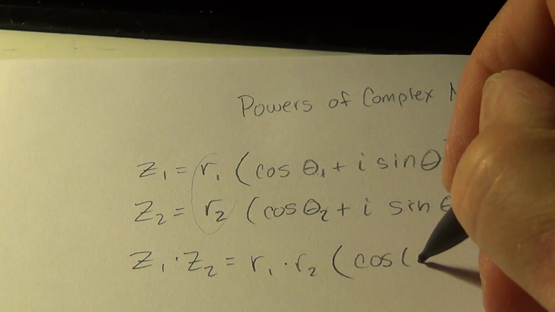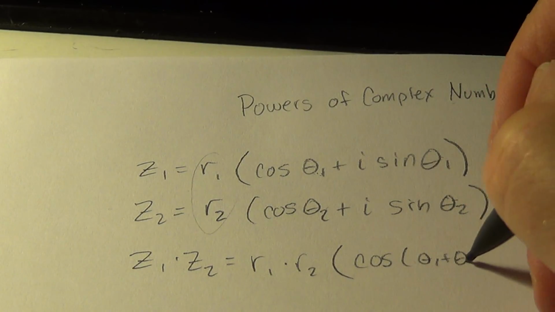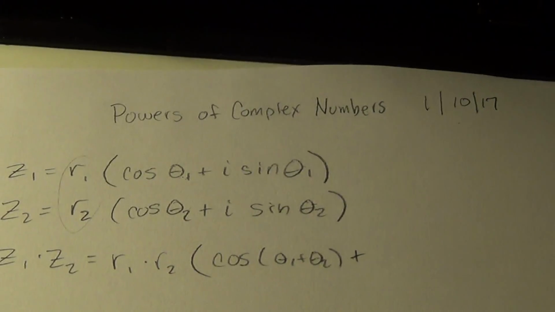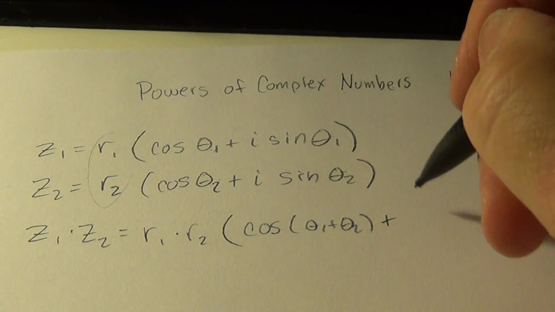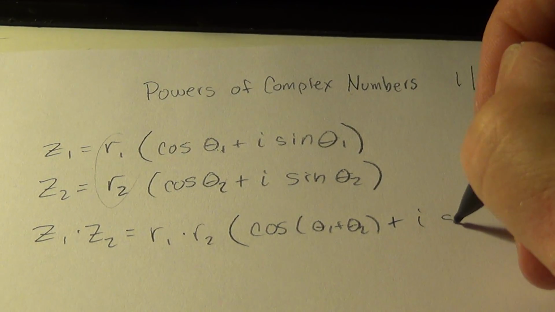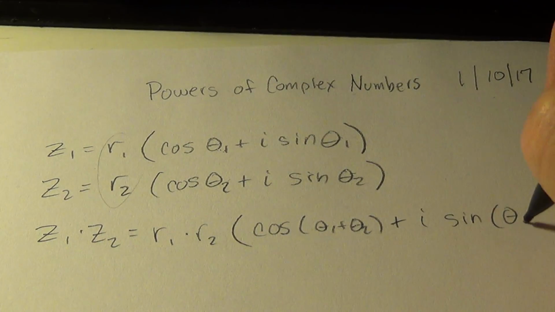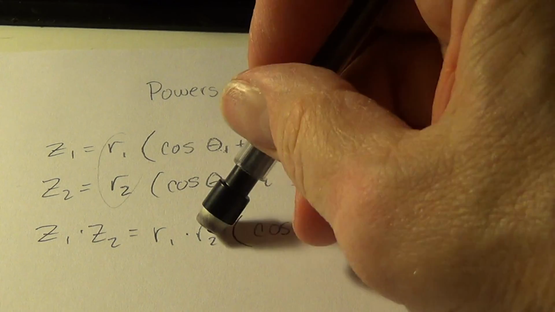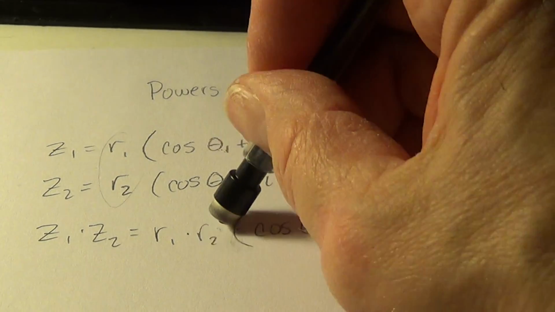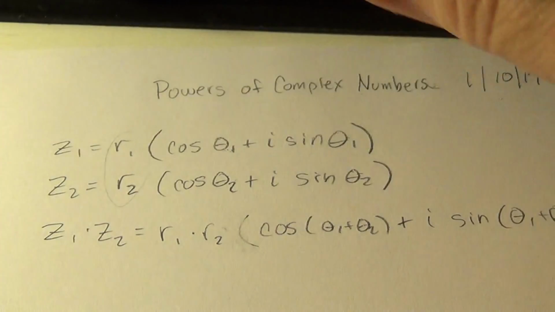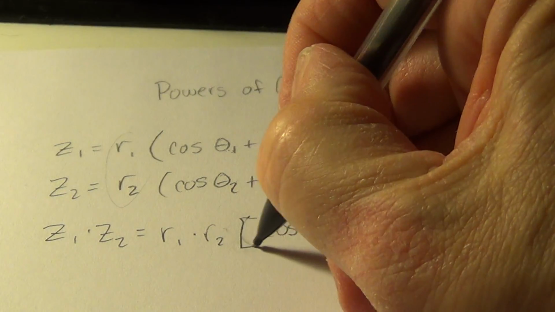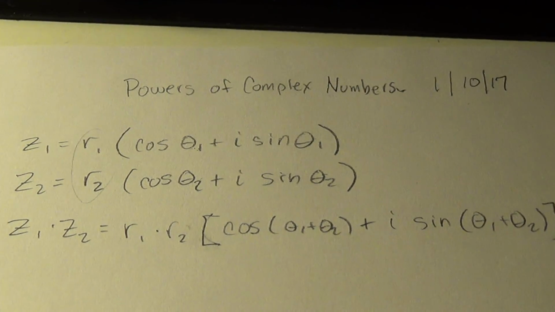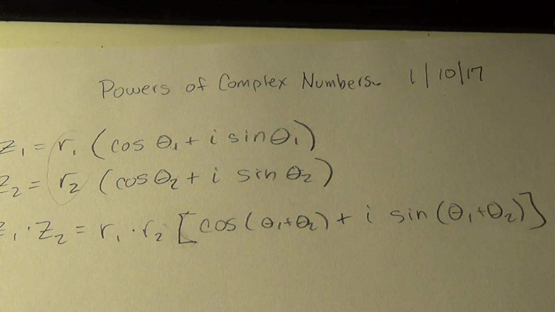So we get cosine of theta 1 plus theta 2, and we showed why that was true yesterday, and i sine theta 1 plus theta 2. Let me upgrade this to a bracket, to be mathematically cool. So here we have that review on how to multiply.